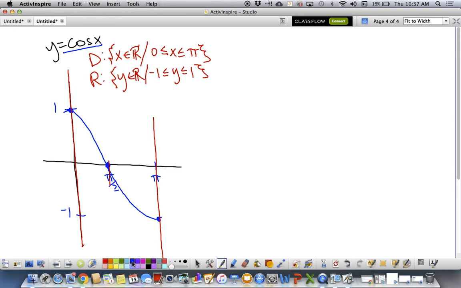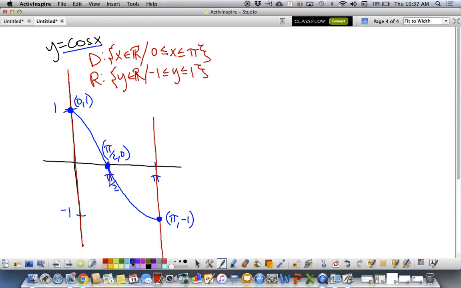I put some X values, I put some Y values, but I haven't really listed coordinates. What is this coordinate right here? 0, 1. What is this coordinate? Pi over 2, 0. Okay. I like to list them. What is this one?